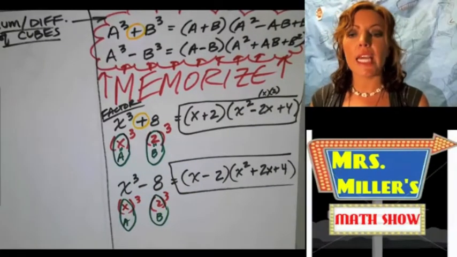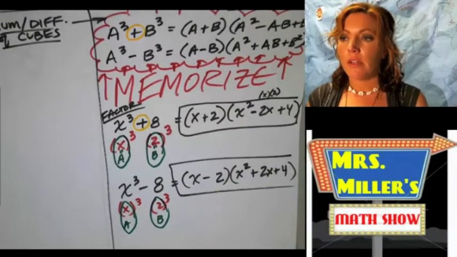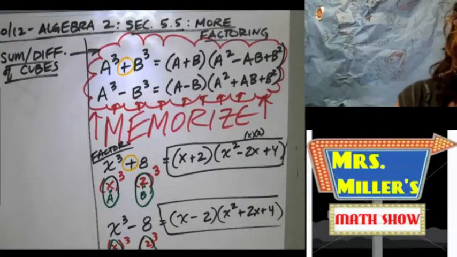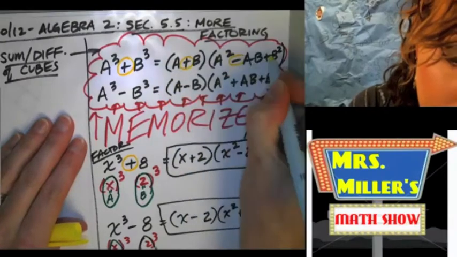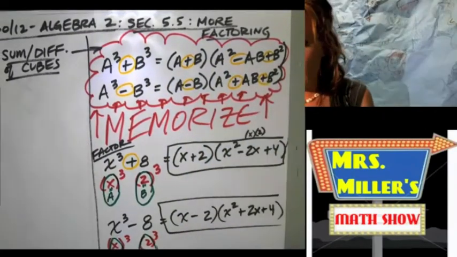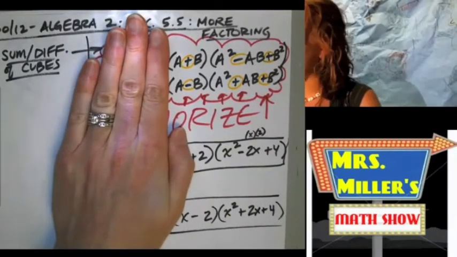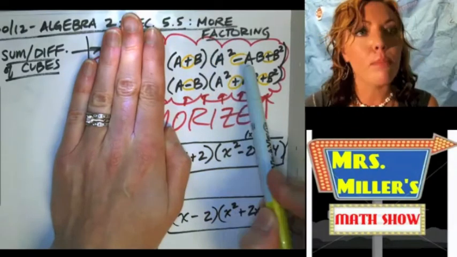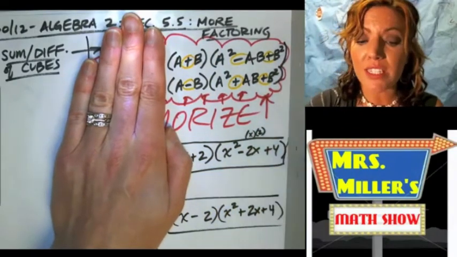Now, here's a really easy way to memorize these: by looking at the signs. I'm hoping you can see that the factored versions are exactly the same as far as there being an a squared, b squared in these. The only difference is that the signs change.